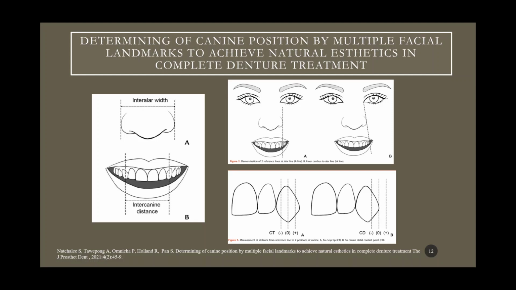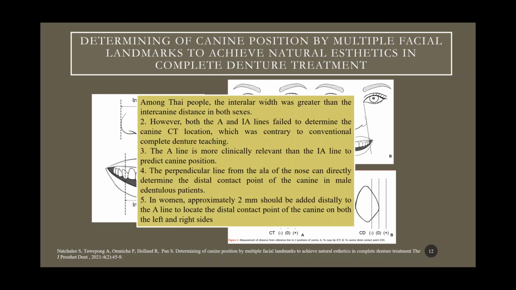They tried to relate these lines with the cusp tip of the canine and the distal contact point of the canine. They found that the interalar width was greater than the intercanine distance in both the sexes, and both the A and the IA lines failed to determine the canine cusp tip location, which was contrary to the conventional complete denture teaching.